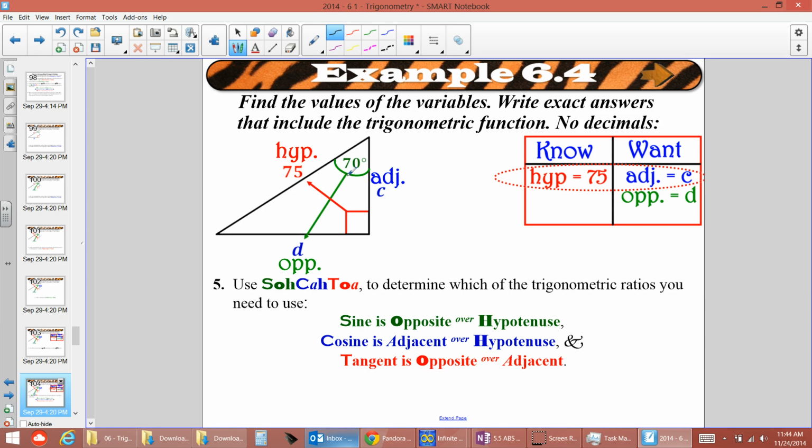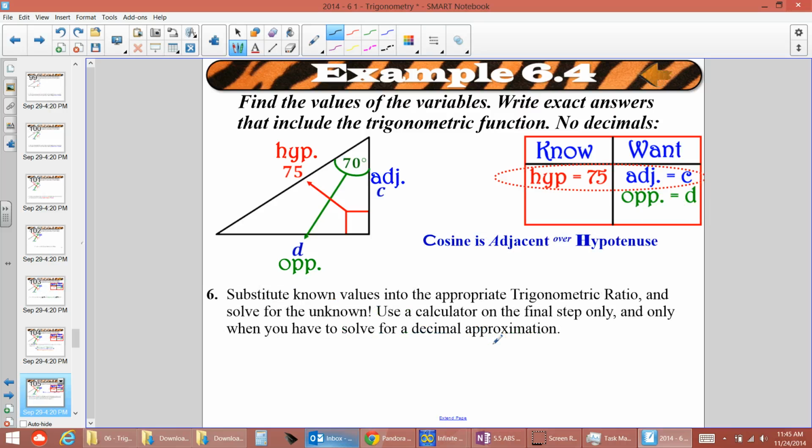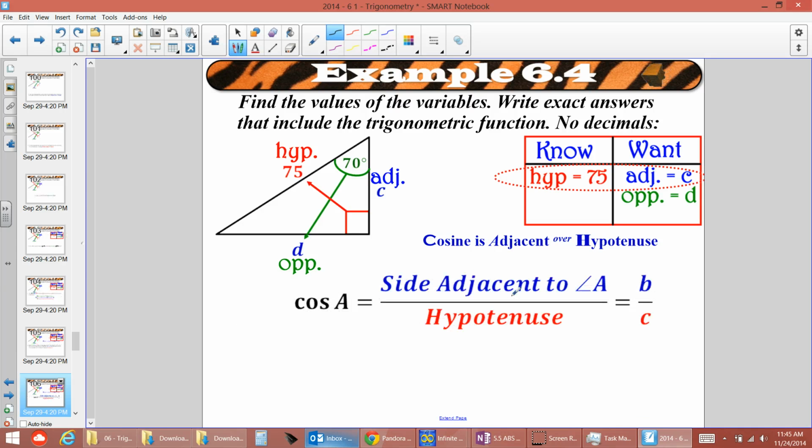So we're identifying what we know and what we need to know. So we're going to look at this and say, which of these three, sine, cosine, or tangent, will help me find one of these, C or D. So right here we see we can use the adjacent part with cosine, and we could find the opposite part with sine. So we're going to substitute those values in for the proper trig ratio, and we'll solve for the unknown.